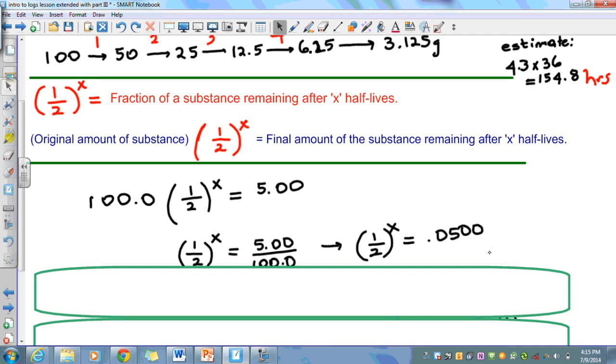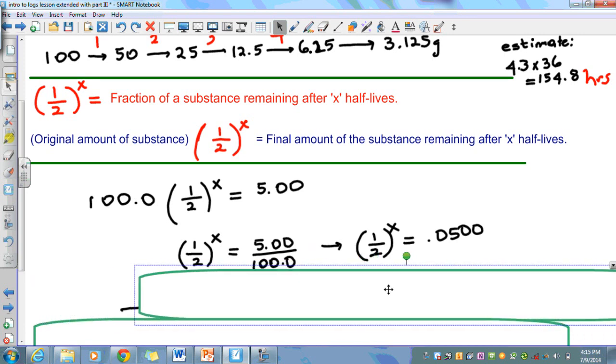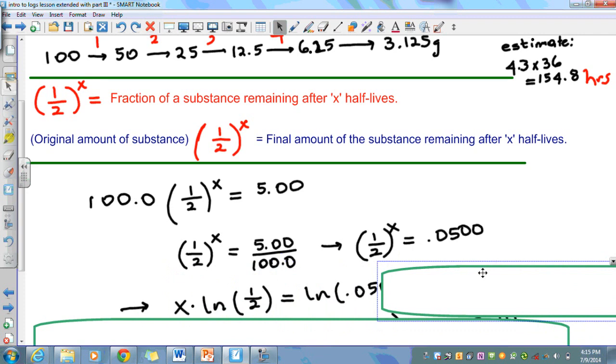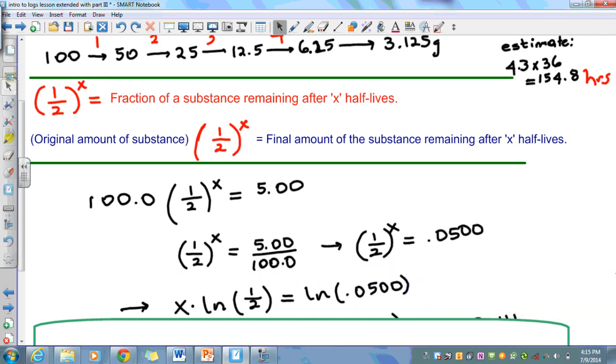And do you see the next step? The unknown is in the exponent and nothing else is in front of your exponential expression. So it's a perfect situation to apply a logarithm to both sides. Of course, you could have applied log base 10. In this situation, I'm going to apply natural log to both sides. And we get this.